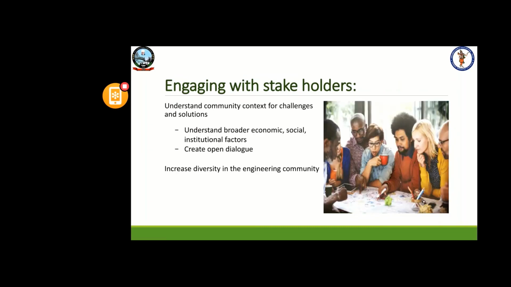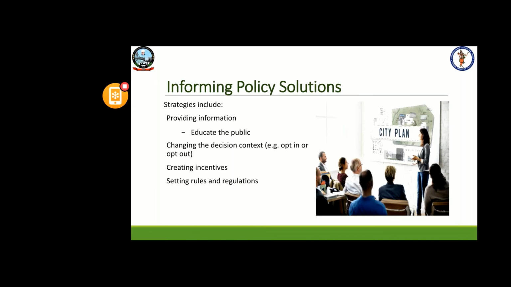Engaging with stakeholders: understand community context for challenges and solutions, understand broader economic, social, institutional factors, create open dialogue with them, increase diversity in the engineering community. It's also informing the policy solutions.